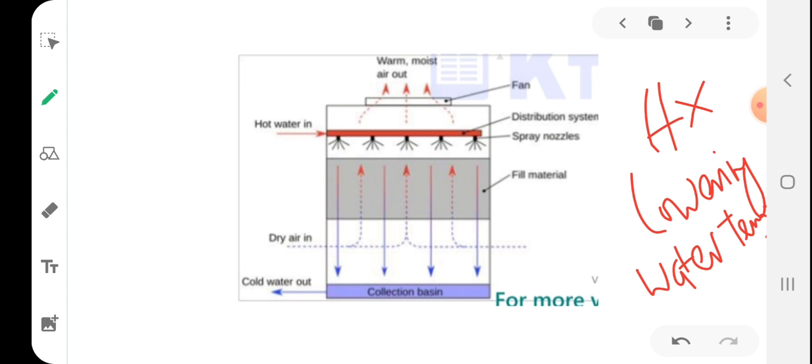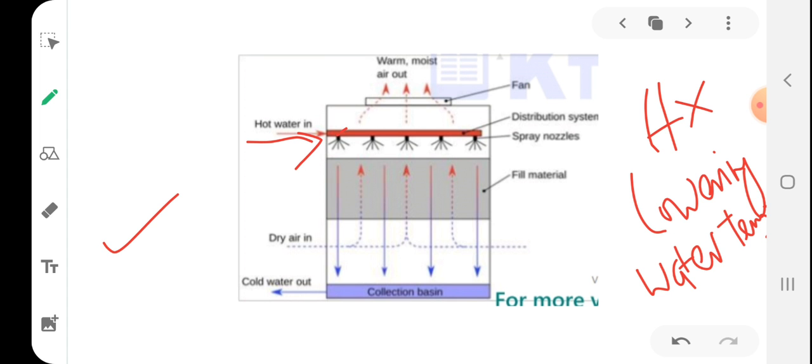Okay, so have a look at this figure. The hot water from the condenser is fed into this cooling tower. That water is pumped through pipes directly into the cooling tower.